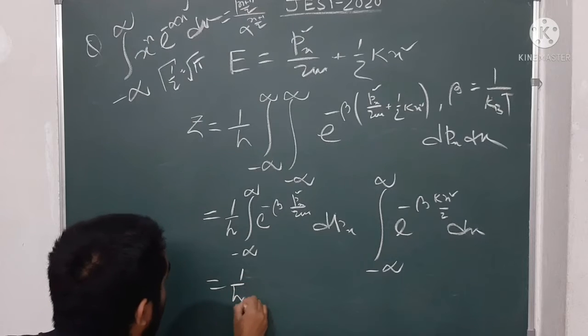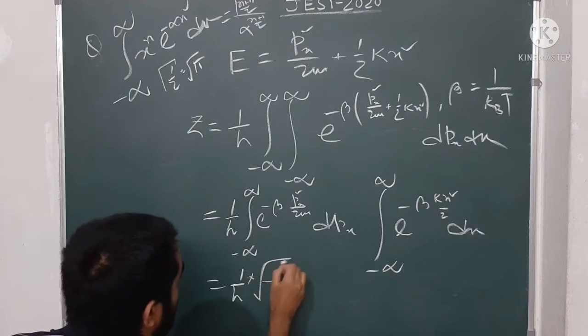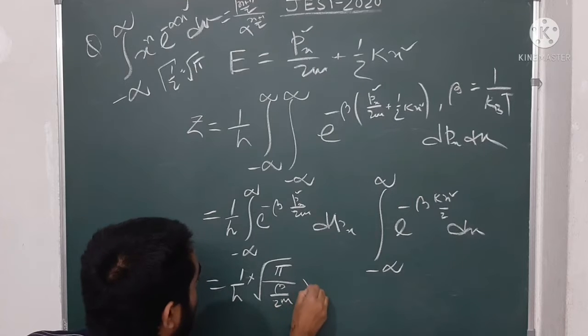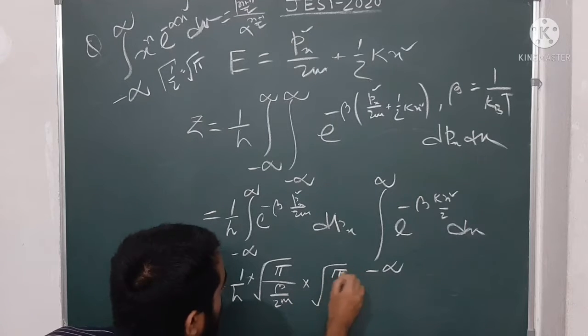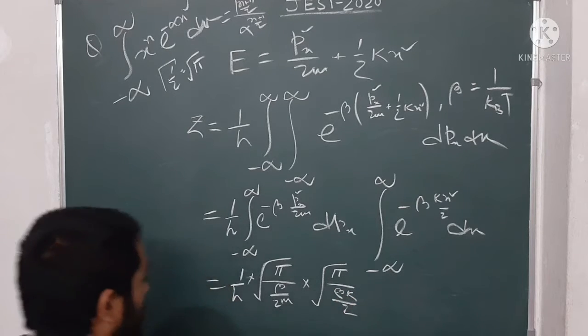So 1 by h, root pi by root of beta upon 2m, into root pi upon root of beta K upon 2.